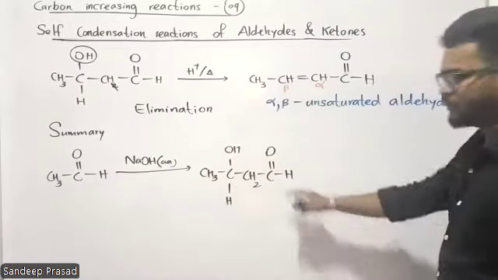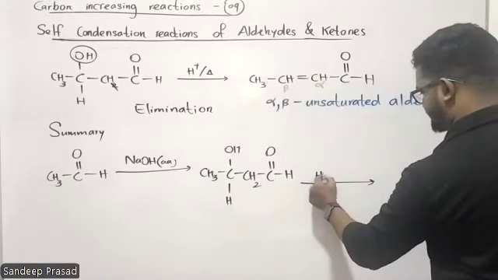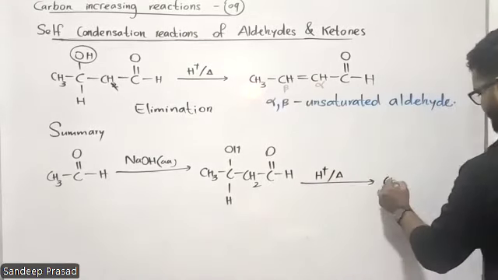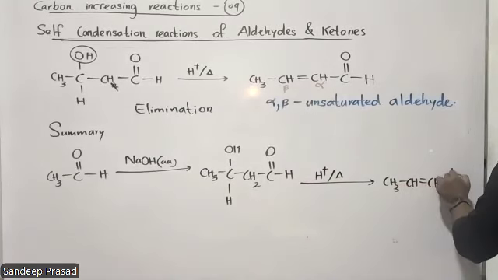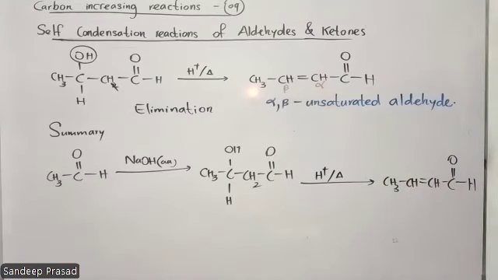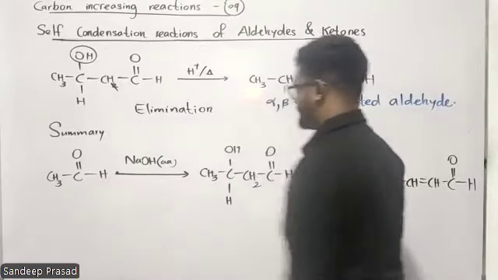Right. I'll tell you how to obtain this one directly. And when we add H plus and heat, this produces an alpha comma beta unsaturated aldehyde. So this is the summary. This is what happened, right? So these are two steps.